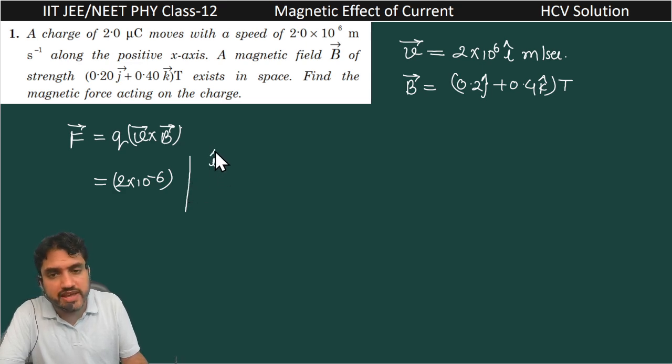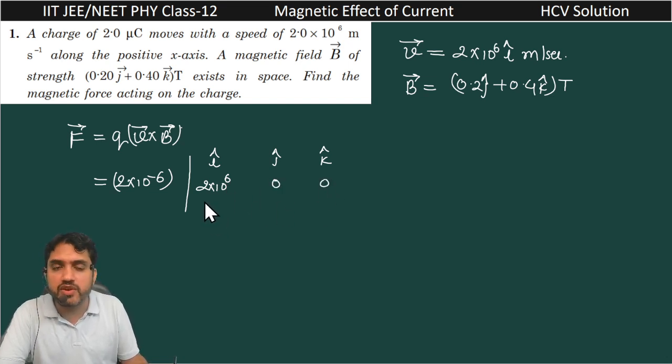So it is i cap, j cap and k cap. The coefficient of velocity is 2 × 10^6, and 0, 0. What we can do is take common this 2 × 10^6 outside from the determinant.